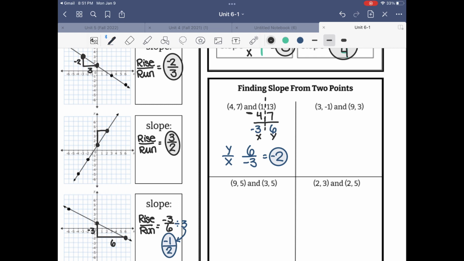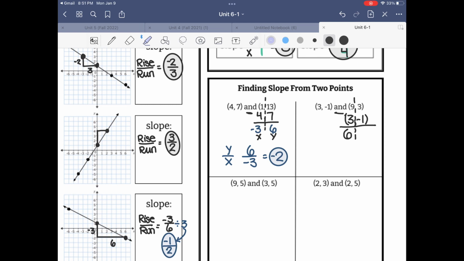Now, next one, I'm going to take that first point and I'm going to write it underneath the second one so that I can subtract my x's and subtract my y's. So for my x side, 9 minus 3 is 6. For my y's, be careful. 3 minus negative 1.